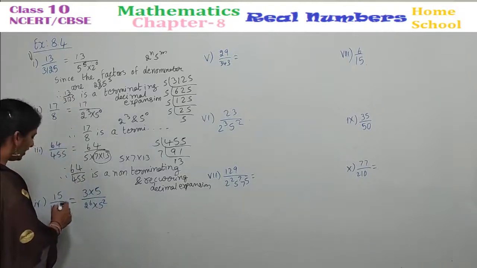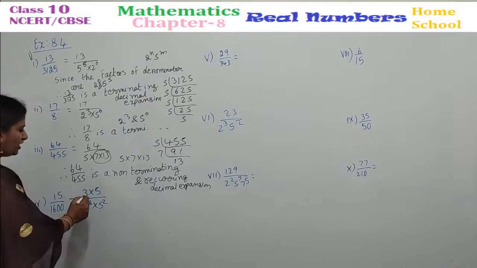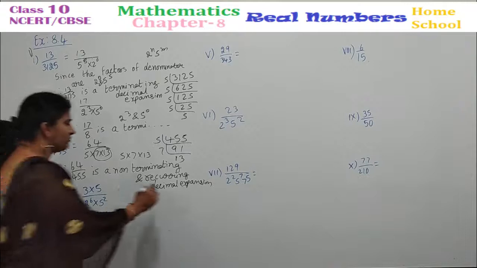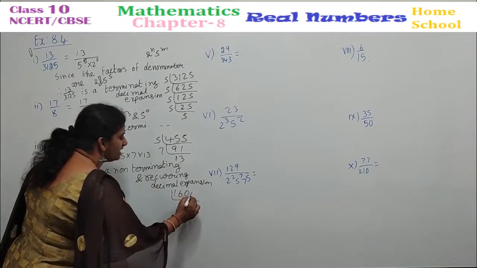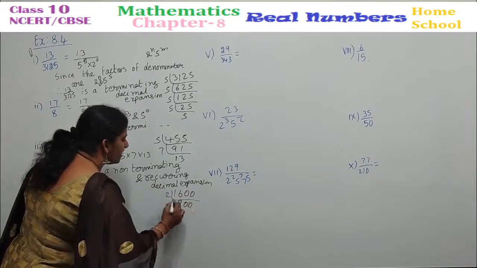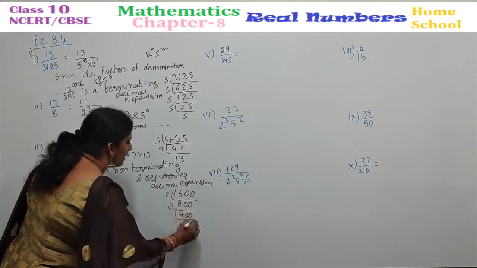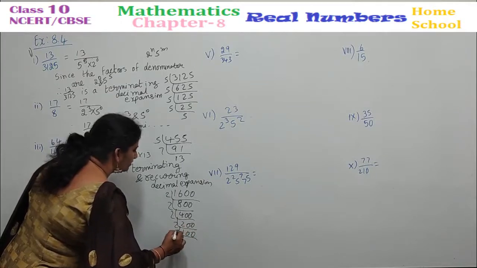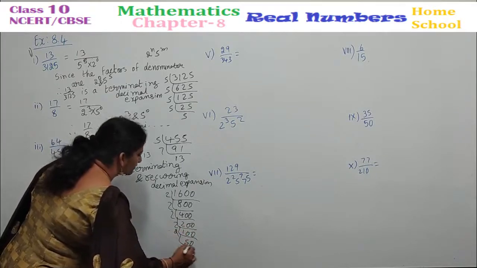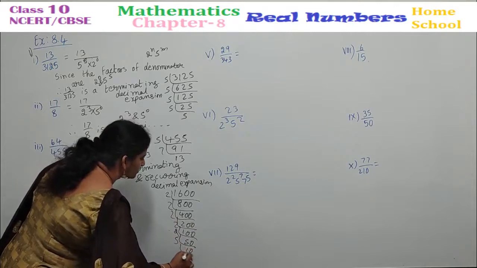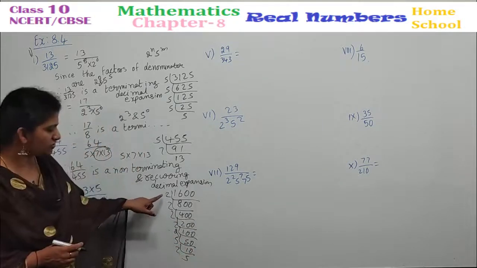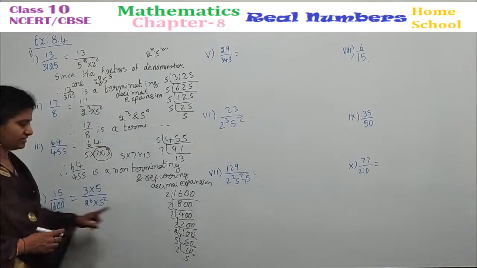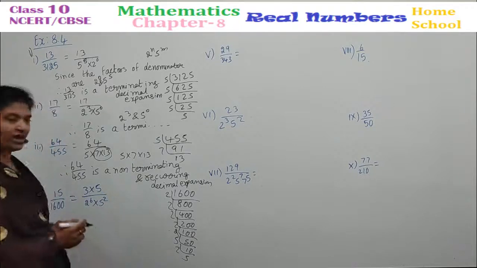See the fourth one, 15 by 1600. 15, you can rewrite it as 3 fives are 15. 1600, I have done LCM. If you want, you can check once again. 1600, 2 800s, 2 400s, 2 200s, then 2 100s, 2 50s, again 5 10s, 2 5s. So look here, how many 2s you can see? 1 2 3 4 5 6 twos. So I have written 2 power 6. 2 fives you can see, 5 square I have written.